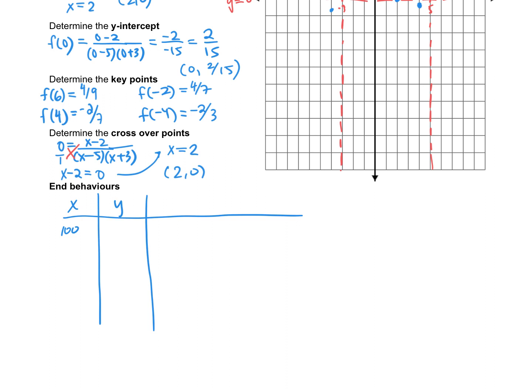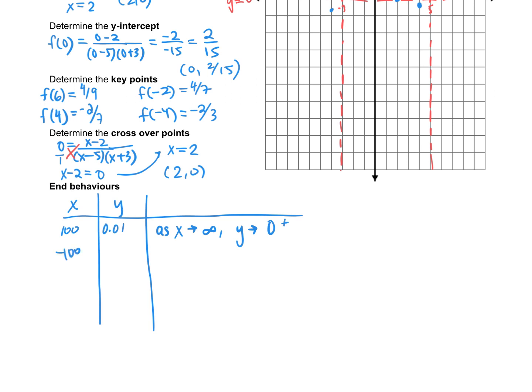But when I do that and give it a try, plug it in, I get approximately 0.01. And me keeping in mind that my asymptote is at 0, 0.01 is above 0, which means as x approaches infinity, y approaches 0 from above.